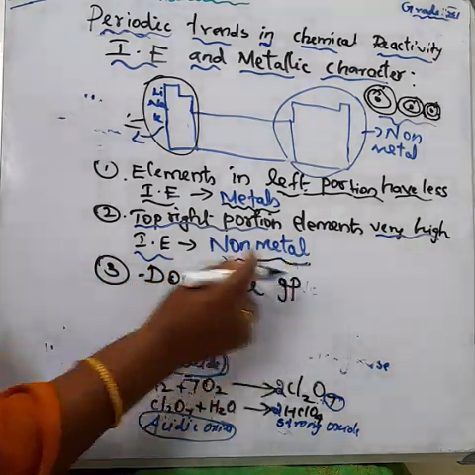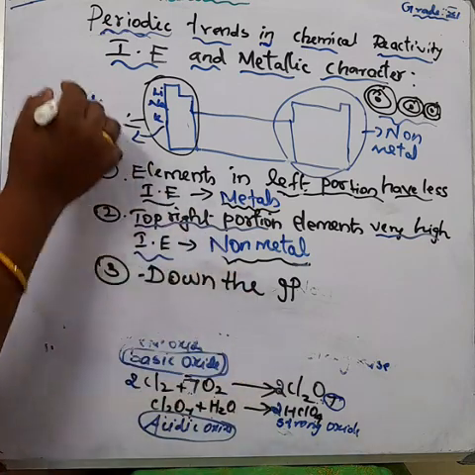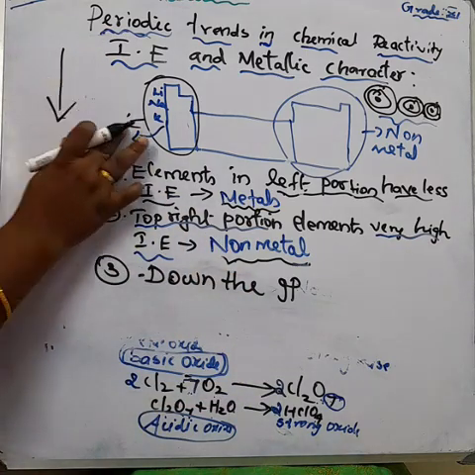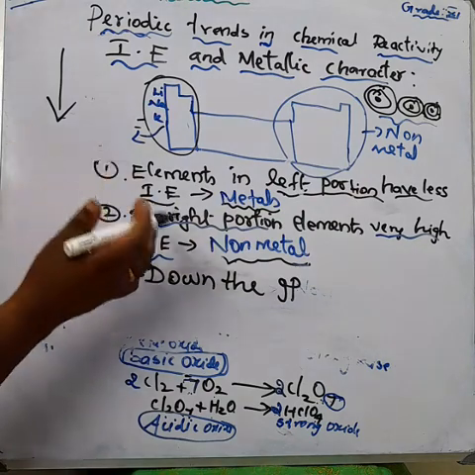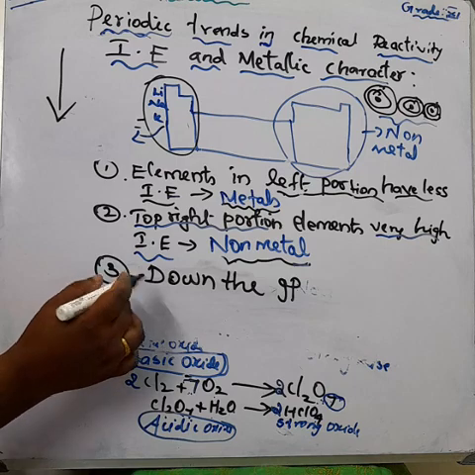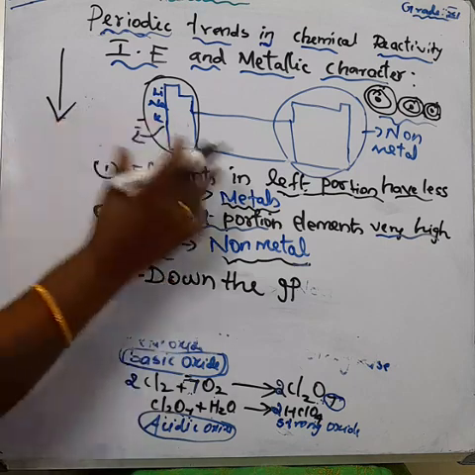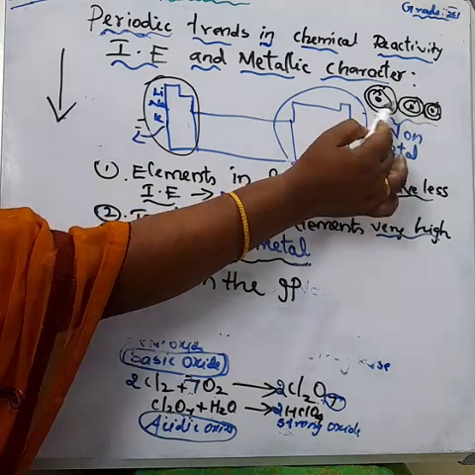Atomic size also increases. Atomic size, this is very, very important. When we are moving left to right in the periods, atomic size becomes smaller. Atomic number increases, but atomic size decreases.